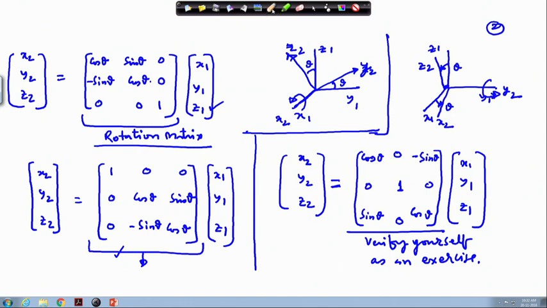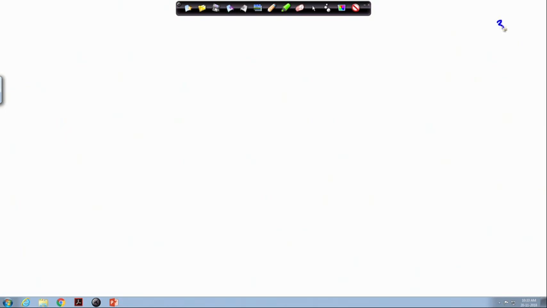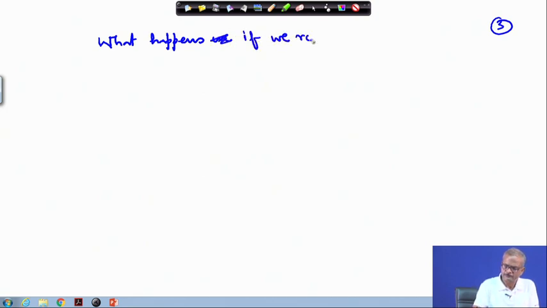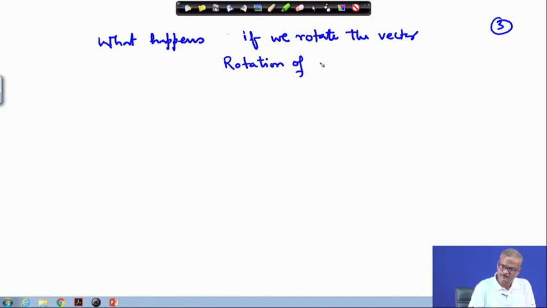What happens if we rotate the vector? This will be termed the rotation of a vector.